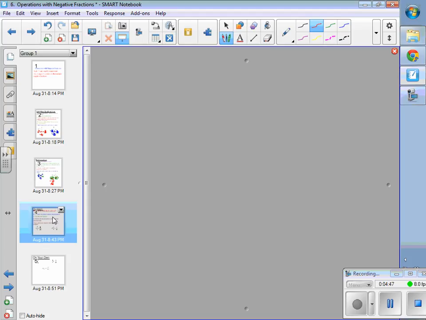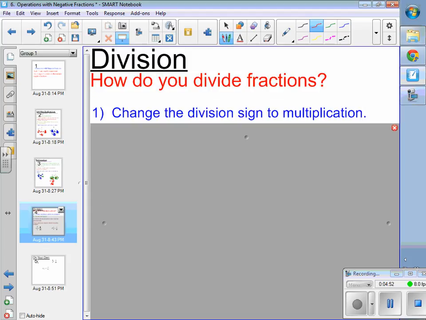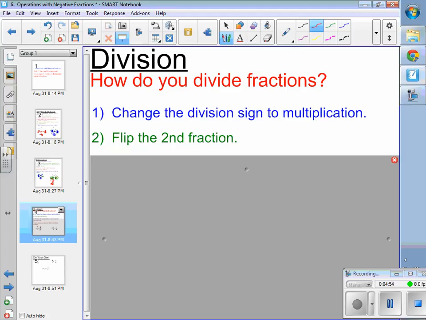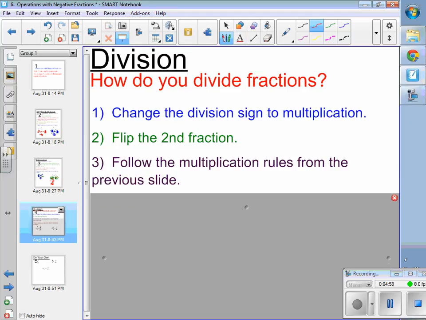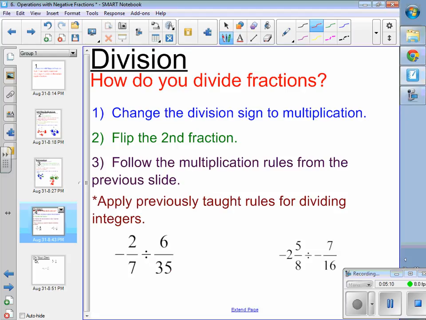Moving right along. Division. How do we divide fractions? First, we change the division sign to multiplication, and we flip our second fraction. The common name for that is reciprocal. Then follow the multiplication rules from the previous slide. So again, we're applying our rules for dividing integers to our fraction rules.